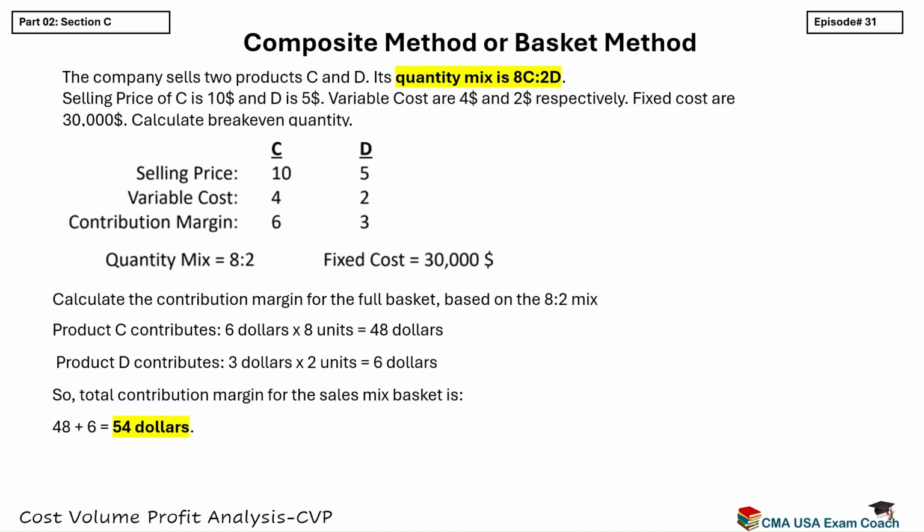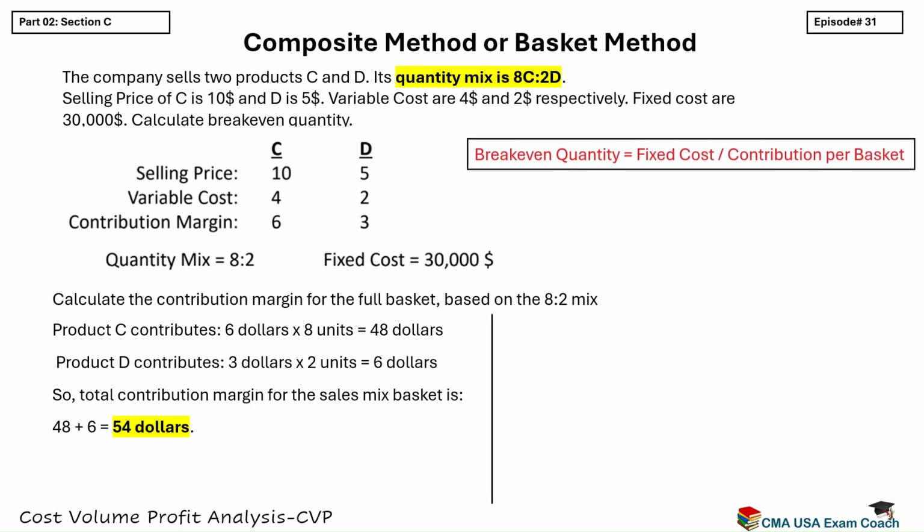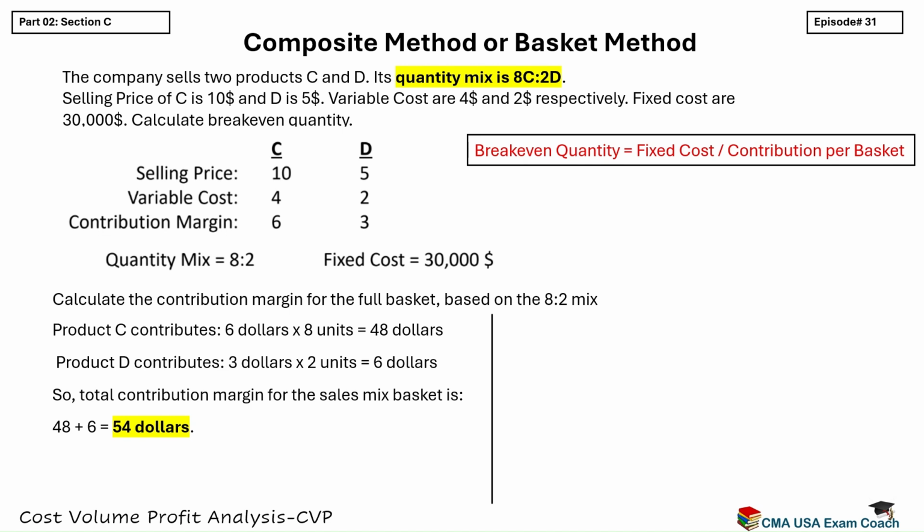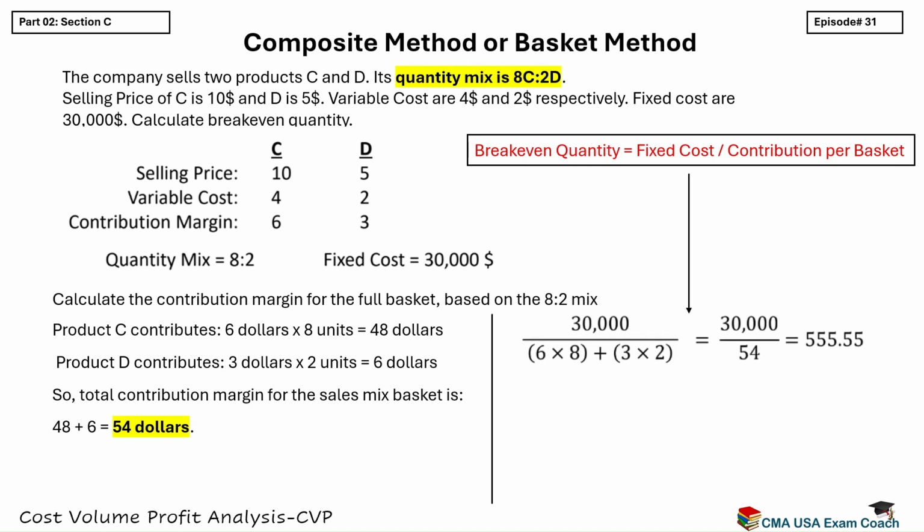Next, we calculate the number of baskets needed to break even. Apply the formula. Break-even quantity equals fixed cost divided by contribution per basket. So 30,000 divided by 54 equals approximately 555.55 baskets.